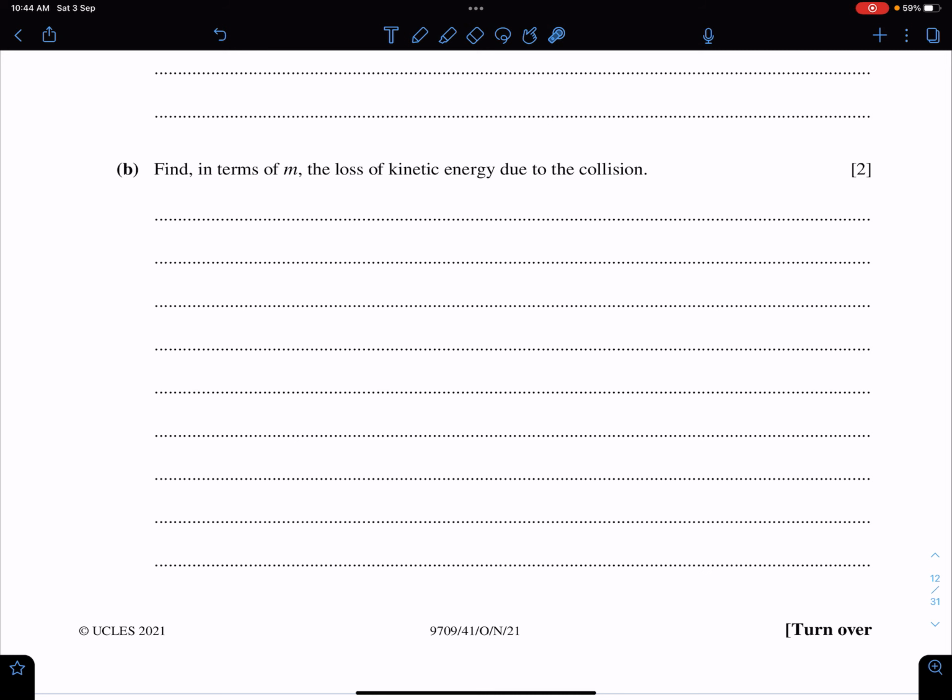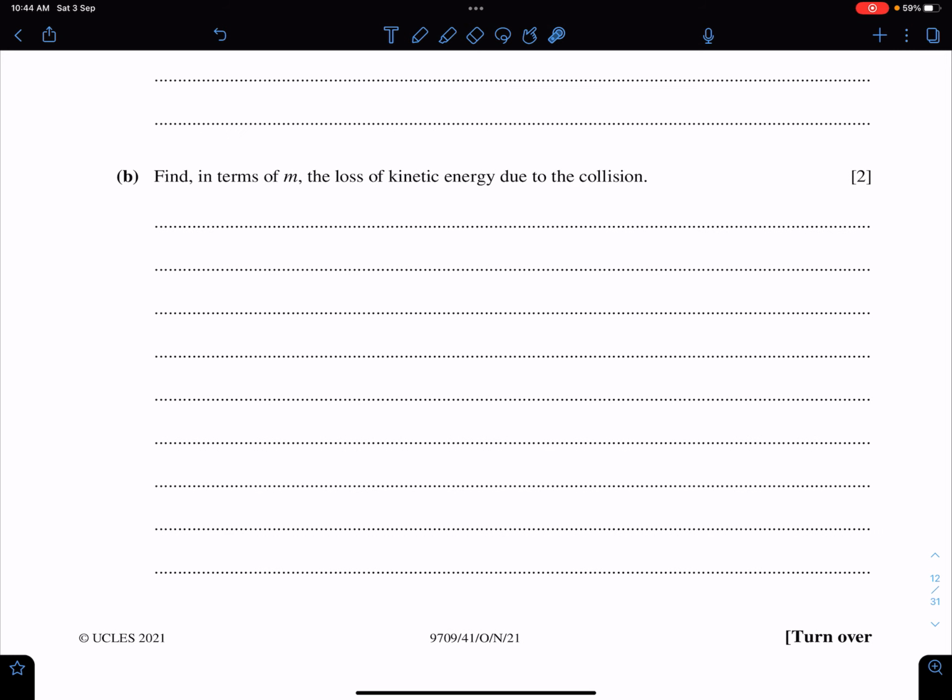Find in terms of m the loss of kinetic energy due to the collision. So loss in kinetic energy is the kinetic energy before the collision, or initial kinetic energy, minus kinetic energy after the collision. Kinetic energy before the collision means kinetic energy of A and B, because both particles were moving before the collision.